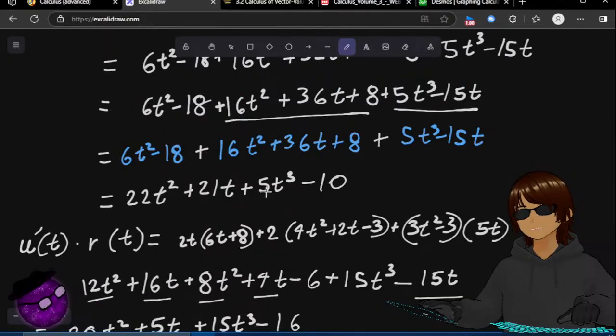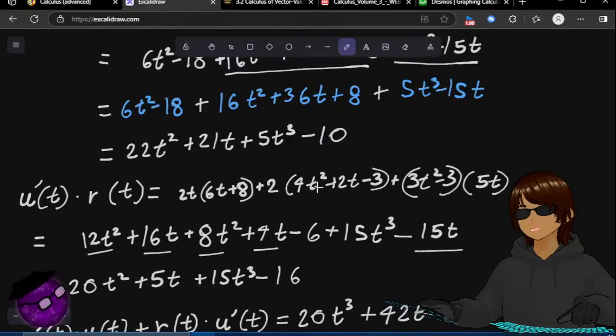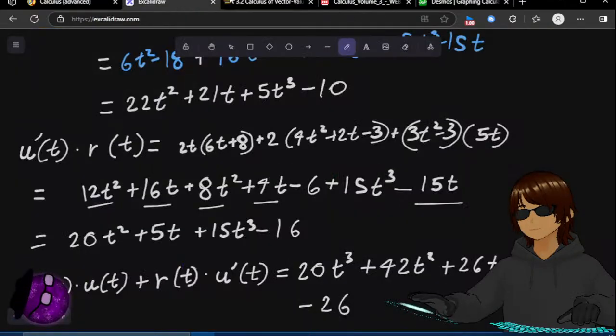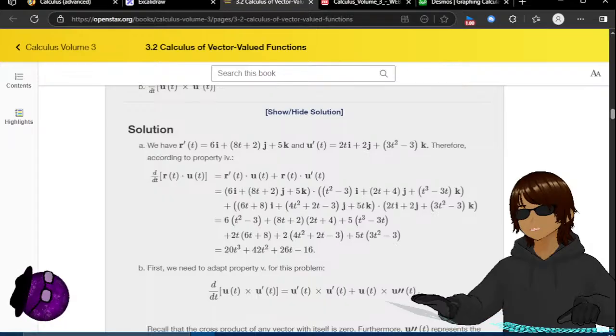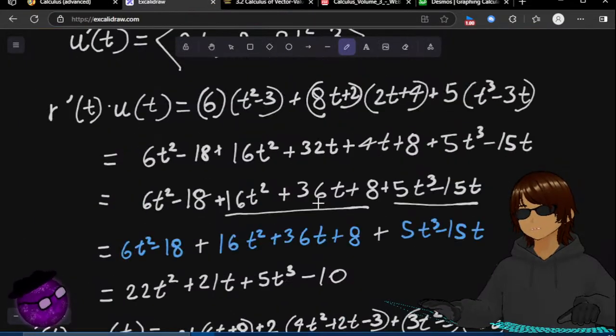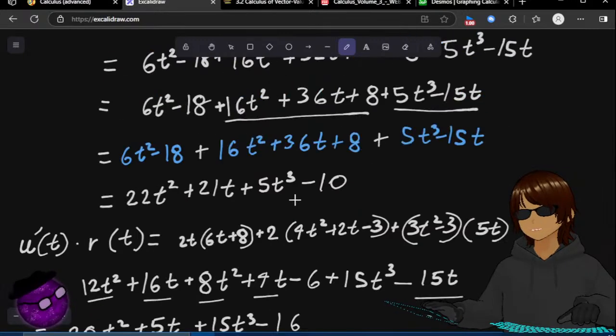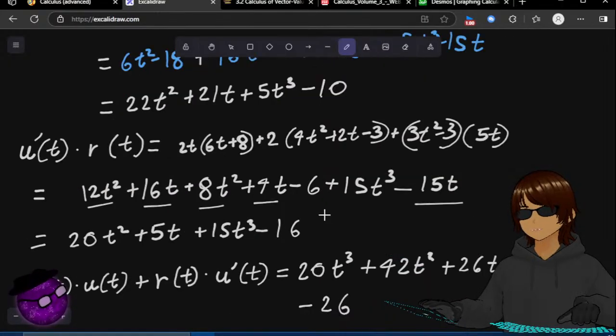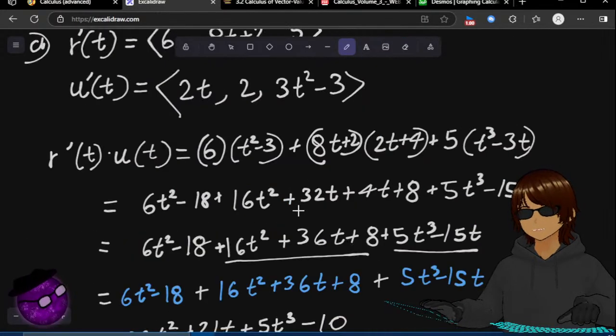Where is the error? So I have minus 18 plus 8. Twenty, 42, 26, 20, 42, 26. Those are all correct. How did I end up with minus 26? It should be minus 16, so I have 10 extra. Okay, let's see.